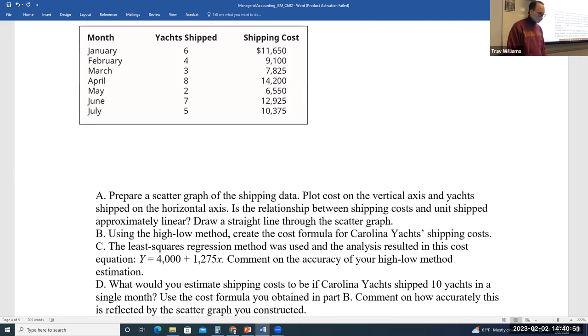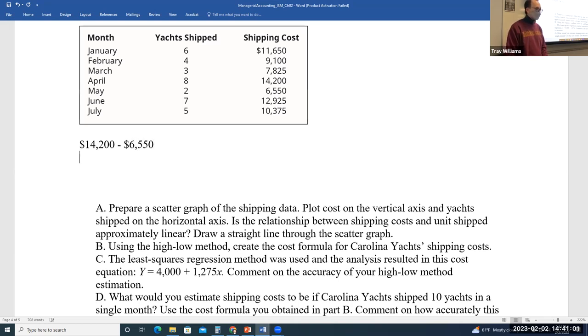So April has 14,200 of shipping costs. May has 6,550, right? April had 8 yachts and May had 2. So then we simplify that.